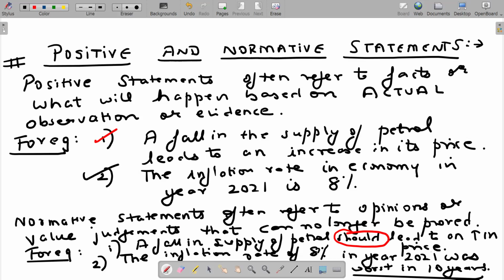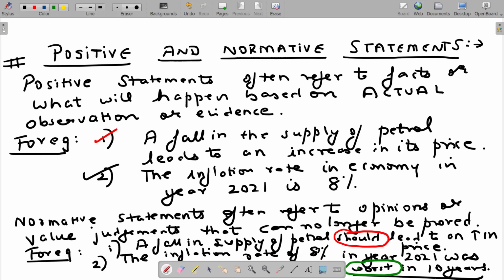It might be possible that someone else's opinion might be different from mine. So it's not a fact, it's an opinion. The moment I add the word worst, it means I'm giving an opinion. And opinions can vary across economists. It's not necessary that all economists have the same opinion.